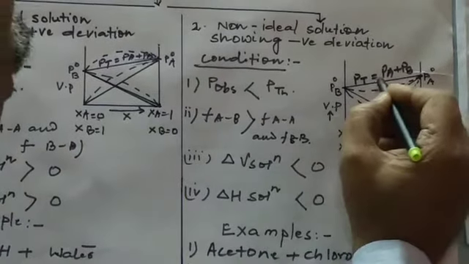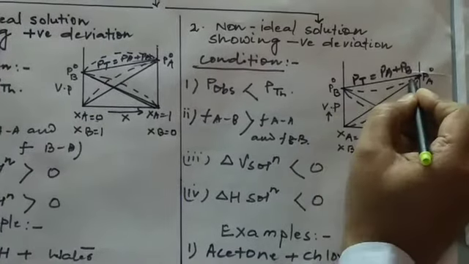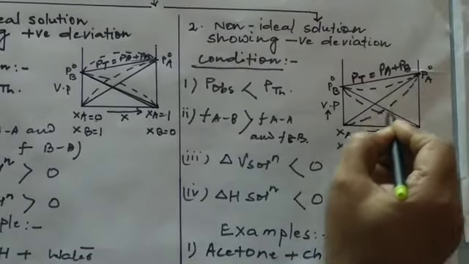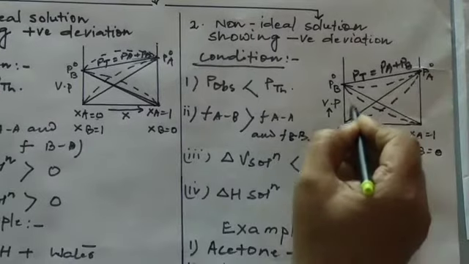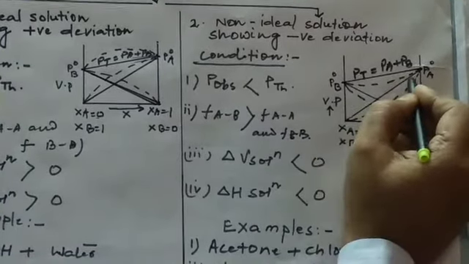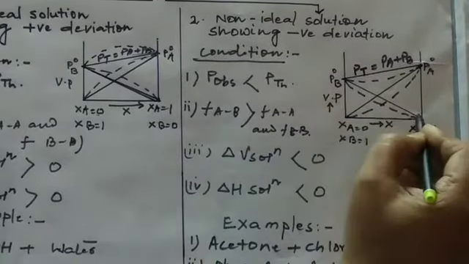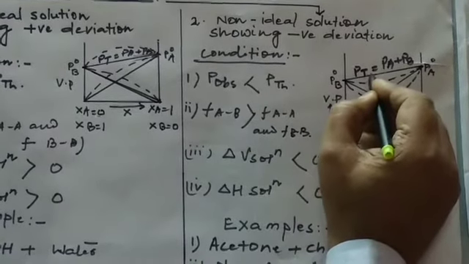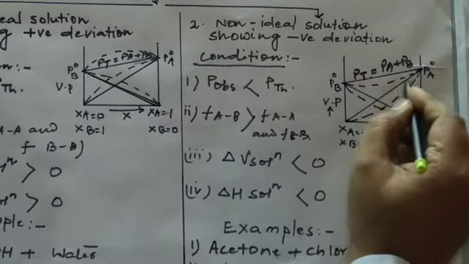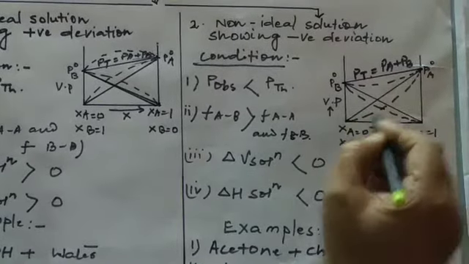So what you see here, the dotted lines, are the non-ideal solution. Non-ideal solutions are shown by the dotted lines. What we see is that these dotted lines are below the solid lines. Solid lines represent the ideal solution and dotted lines represent the non-ideal solution.